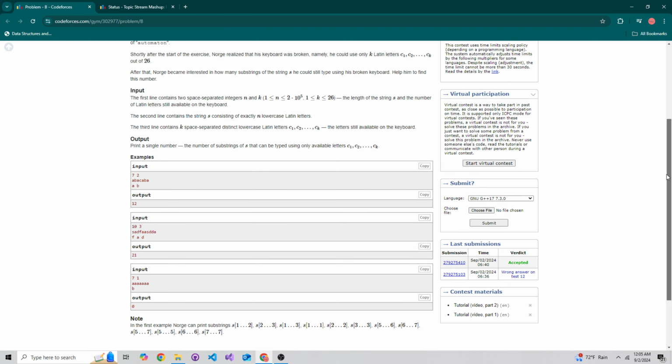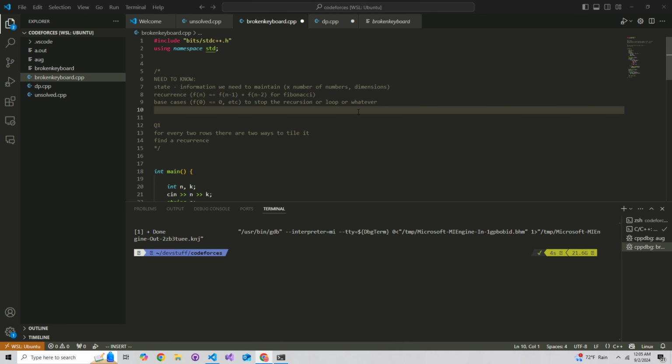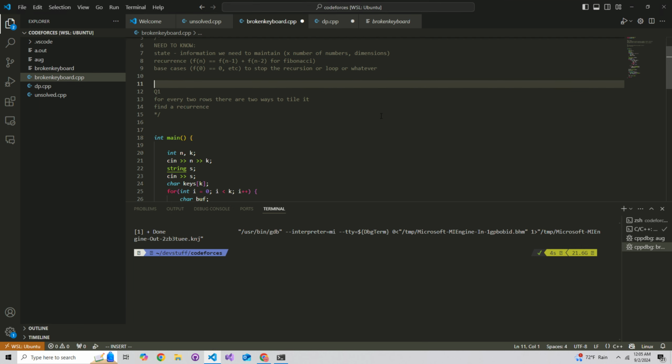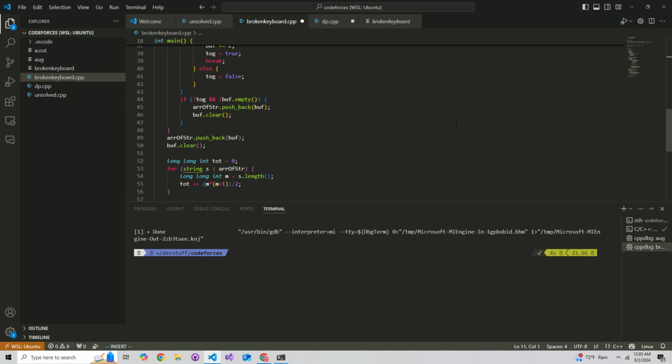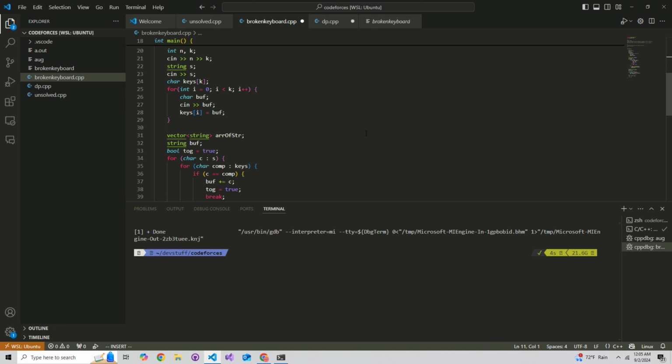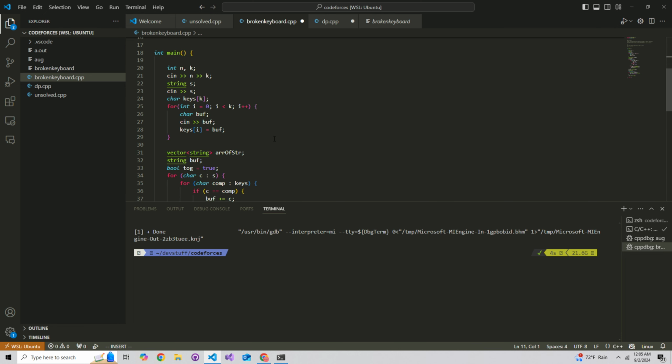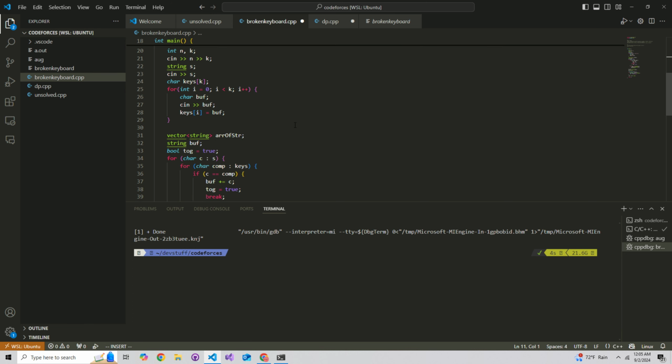When I attempt to do these problems, this was my solution to this problem. As you can see, it's really long, way too long. It uses up a lot of memory, vectors and stuff, which obviously didn't need to be used.